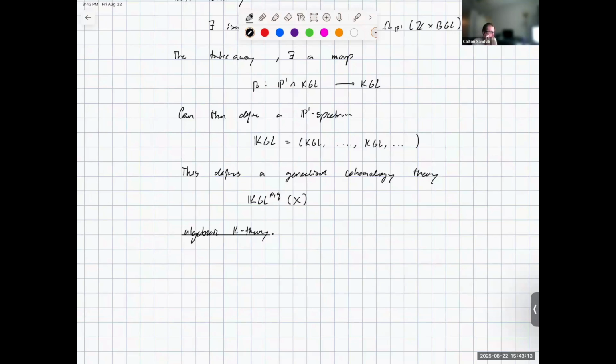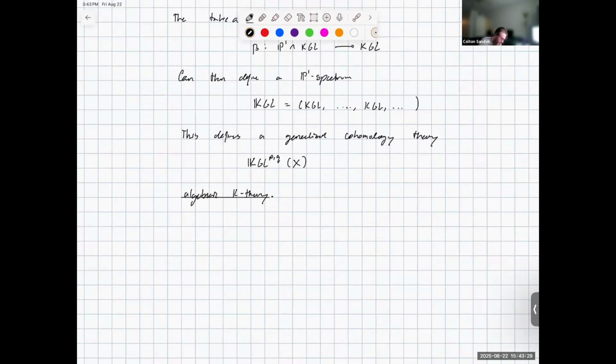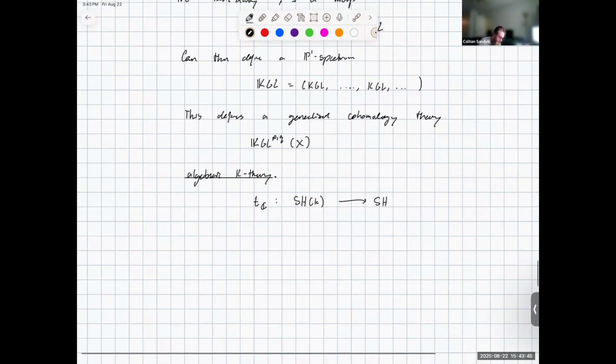One last important feature of this before we go on to cobordisms: we have a functor from the stable homotopy category of motives to the ordinary stable homotopy category for topological spaces that's given by taking the C points. If we take the C points here, we produce a topological space.